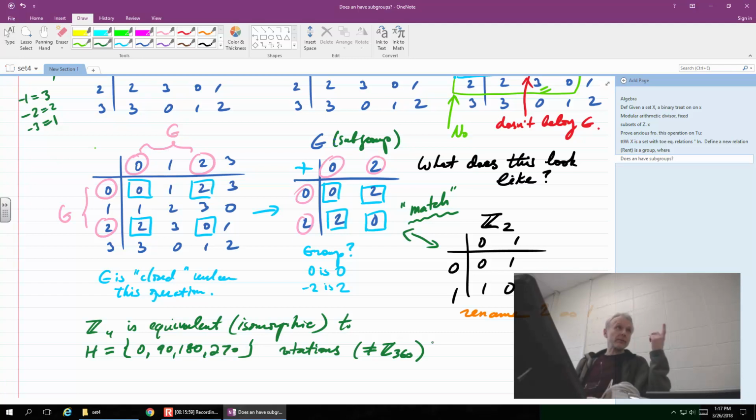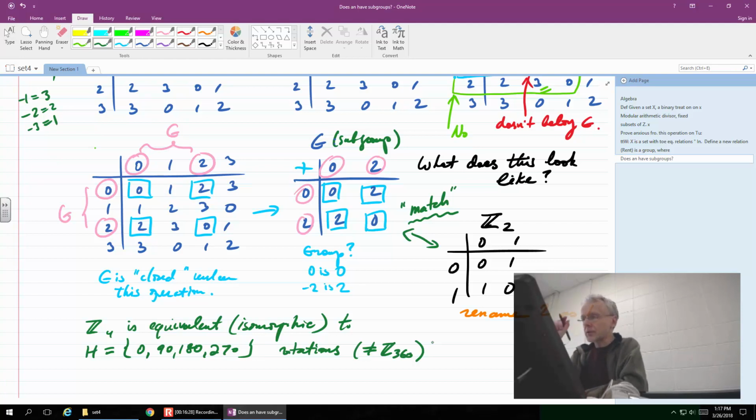So what's the difference between Z360 and Z4? That's right, and this one 360. So the same idea, but it's just smaller. That's all. So rotations are only taken 90 degrees at a time, and this one is 1 degree at a time. Okay. So that's what you get.